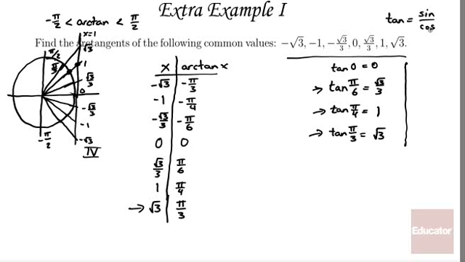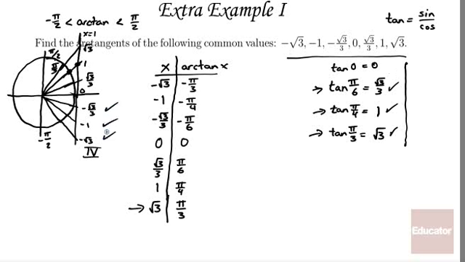It's good to remember the common values that you do get from tangent, namely root 3, 1, and root 3 over 3. But if you can't remember them, you can work them out from sine and cosine.